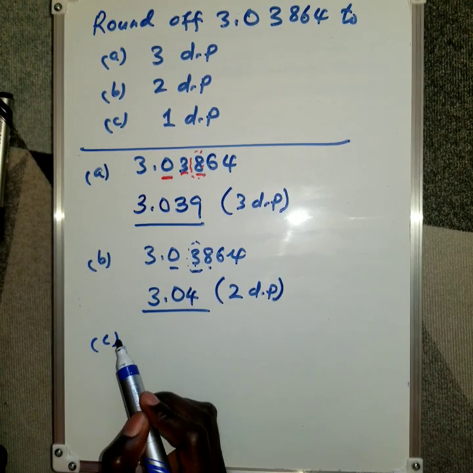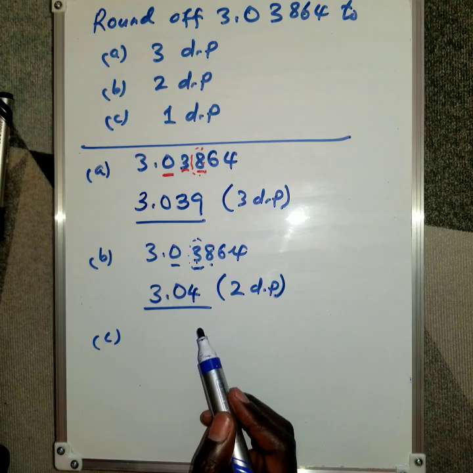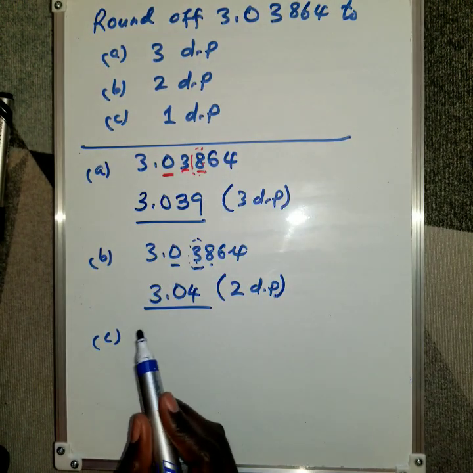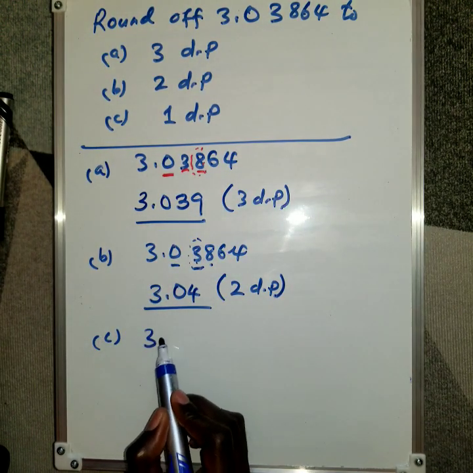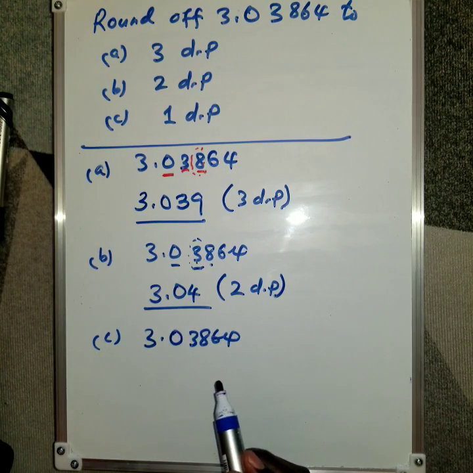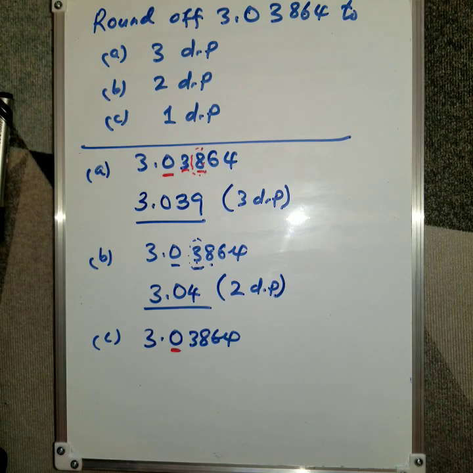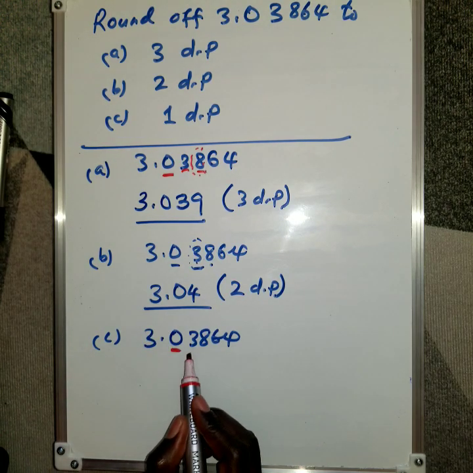Let's look at the C part. They're telling you to round off, in this case, to 1 decimal place. So to 1 decimal place, for the number 3.03864, they just want the first digit after the decimal point, so you are ending here. You look at the next number.